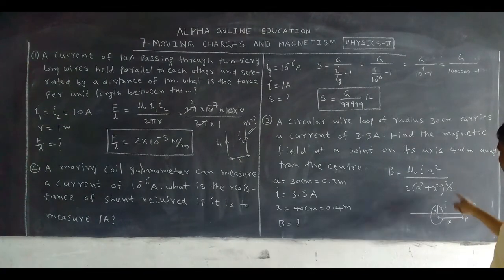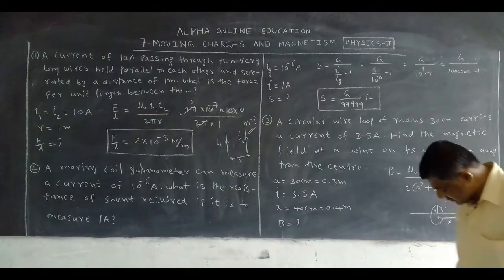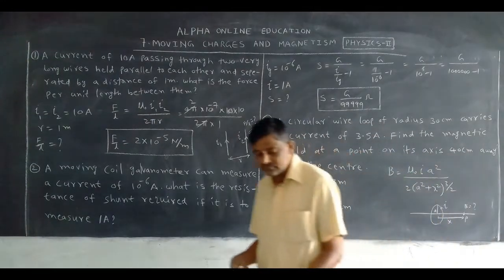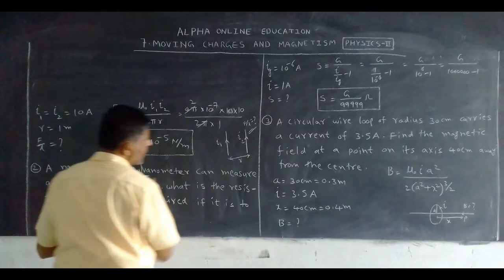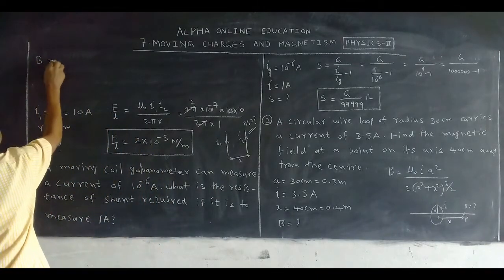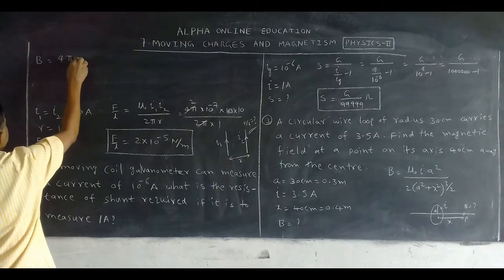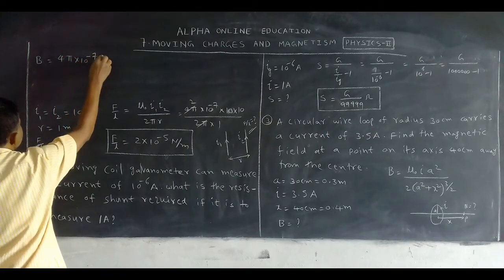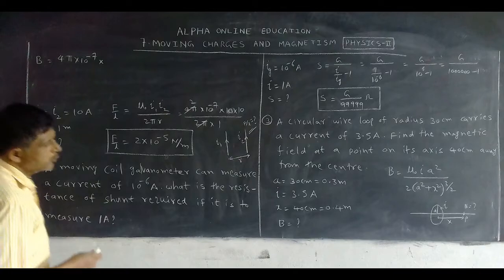This is the formula. Now we want to substitute the values. B is equal to, what is mu 0? 4 pi into 10 power minus 7 into, next what is there?